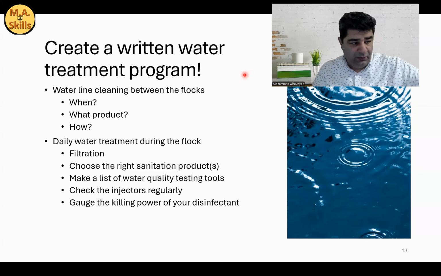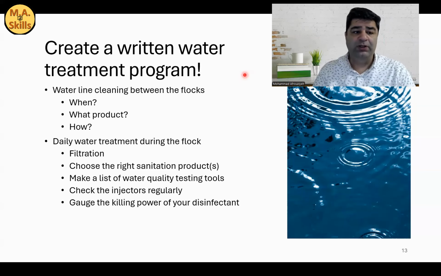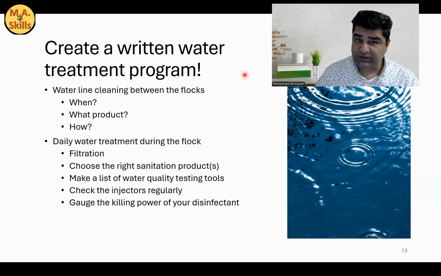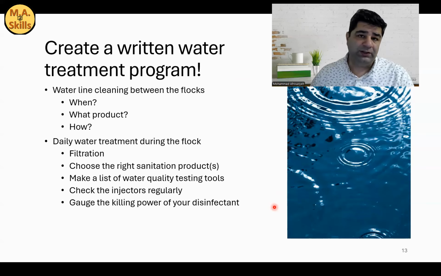It means that when the birds are in the barn, you need to have a filtration system, know what filtration system you are going to use, if it is for just sediments or iron or any other factors in the water.